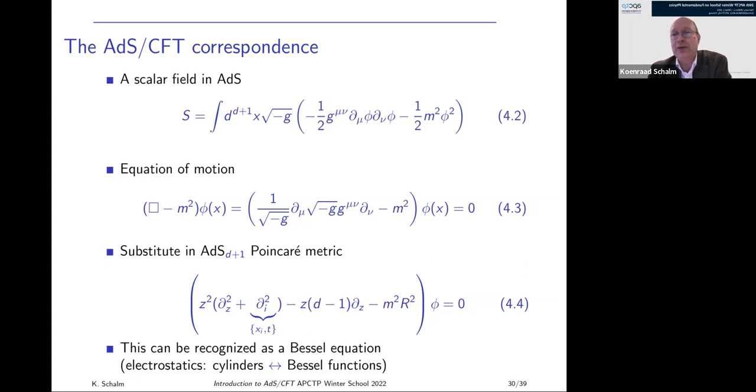Now this looks like a simple differential equation, but those of you who are extremely astute may immediately recognize it. This is a Bessel equation. And Bessel equations you also know from electrostatics, anytime you had to solve a cylinder problem, for instance a point charge in a cylinder with conducting walls, or a coaxial cable.